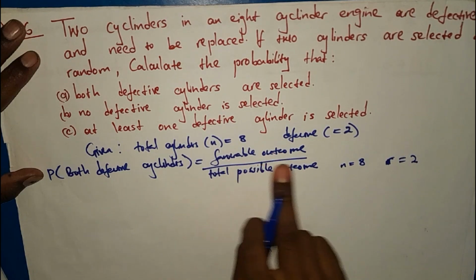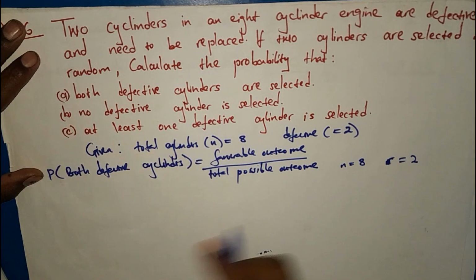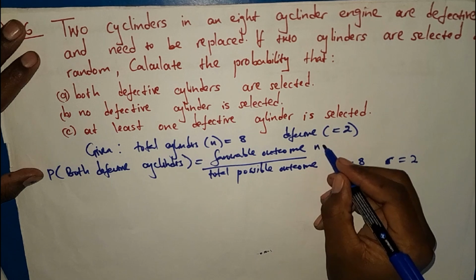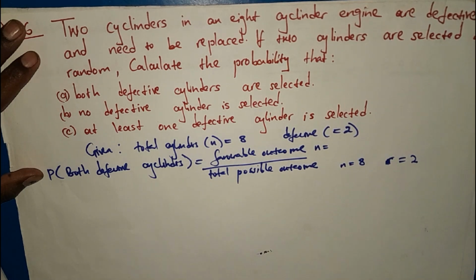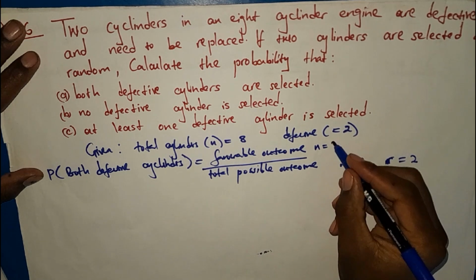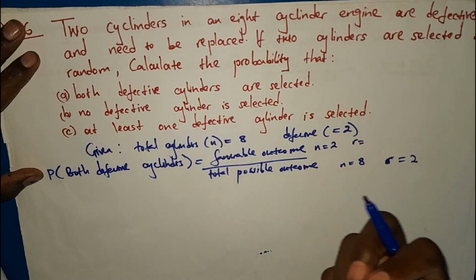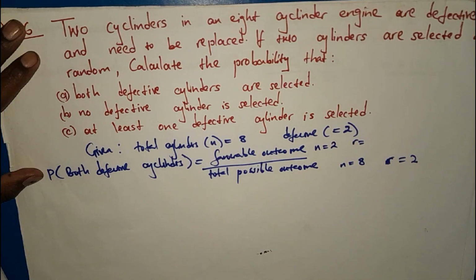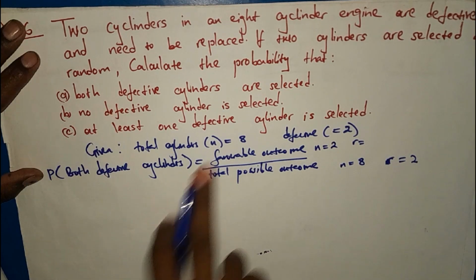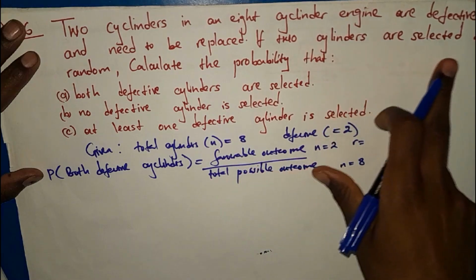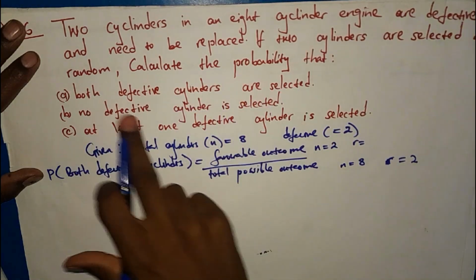For the favorable outcomes, the n is the total number of defective cylinders, which is 2. And then the r, the number of cylinders we need to choose, is again 2, because it's saying 2 cylinders are selected at random and we calculate the probability that both are defective.